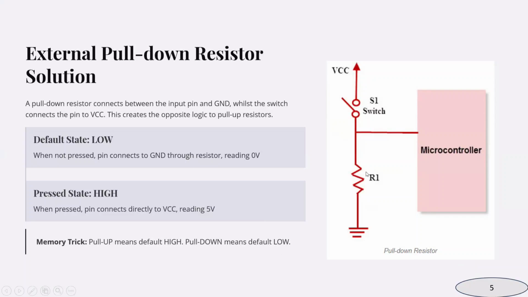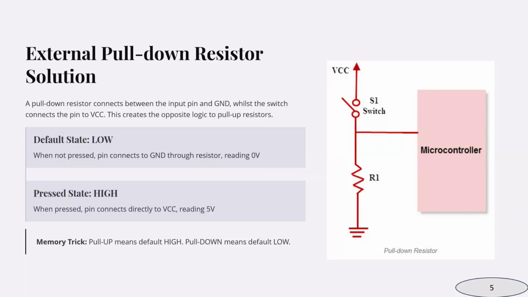The pull down resistor is connected between the input of the microcontroller and GND, and the switch connects the input of the microcontroller to VCC. This type of connection is known as pull down resistor. Is that clear? Now let's check the working.